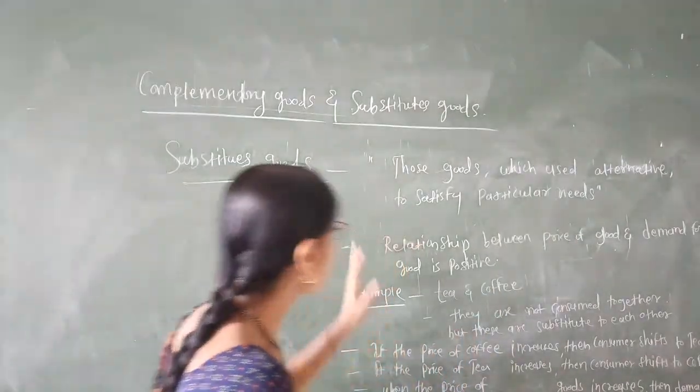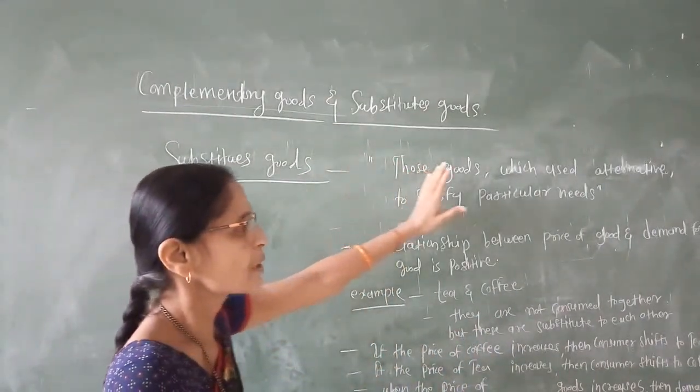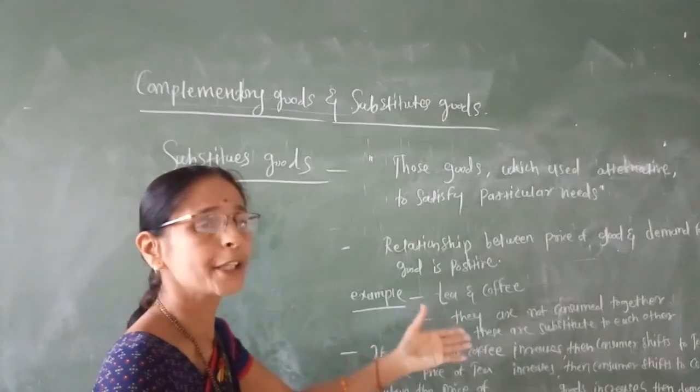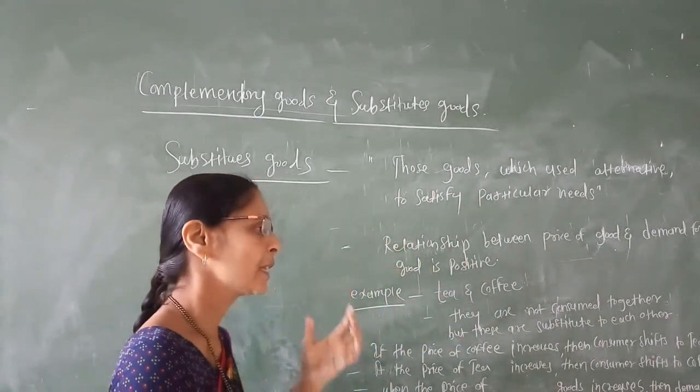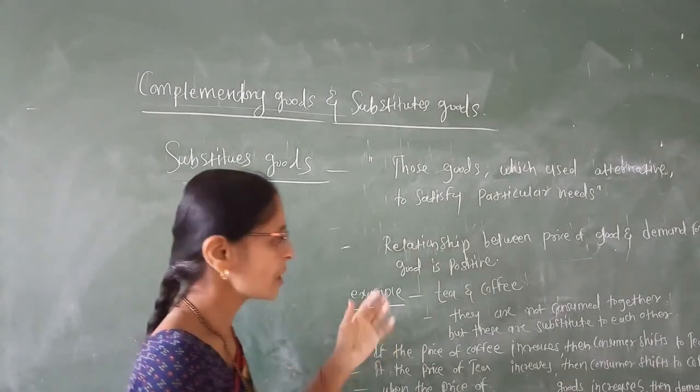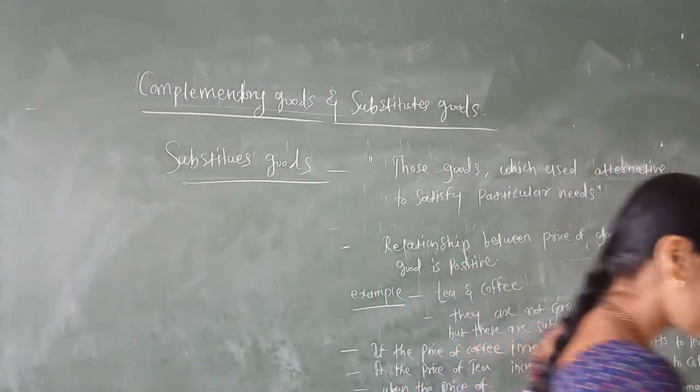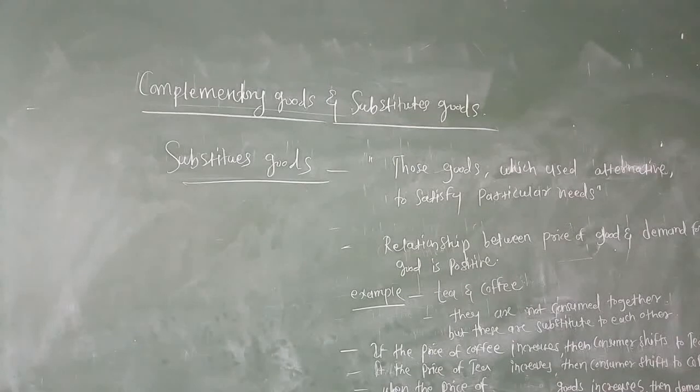Means students, the substitute goods are used as an alternative to satisfy a particular need, and the relationship between the price of the good and the demand for the substitute good is positive.